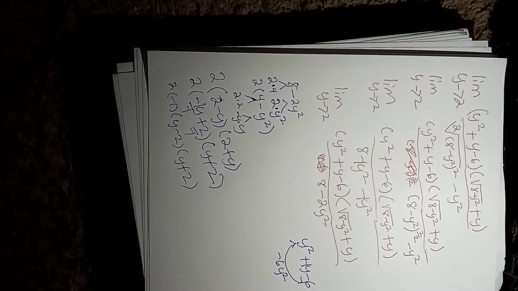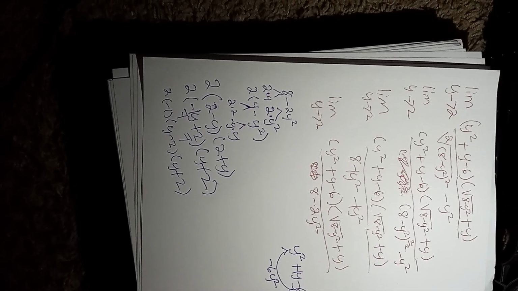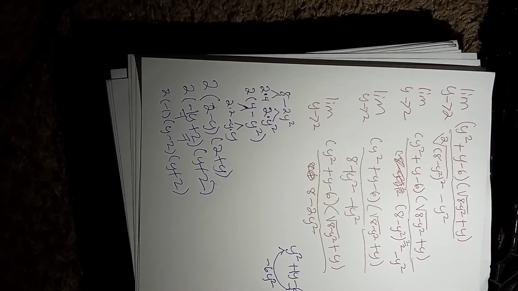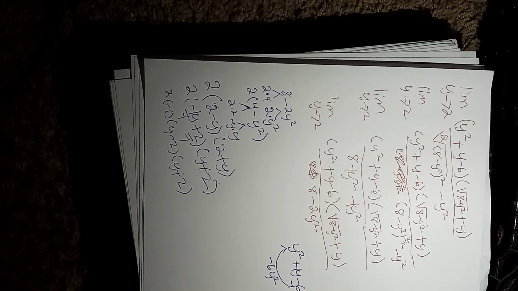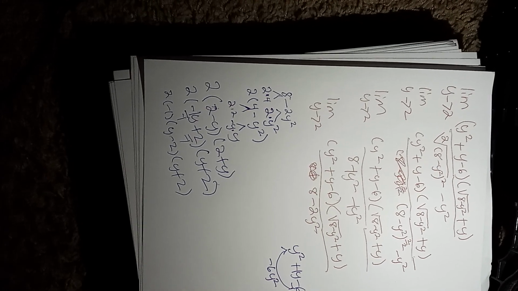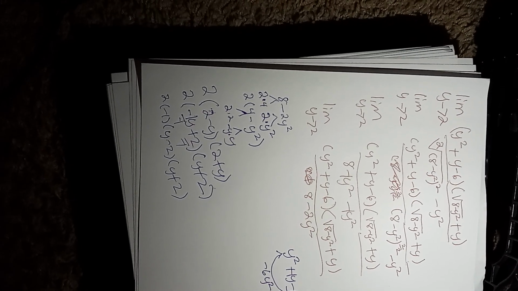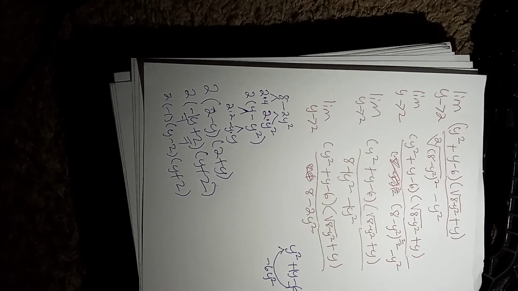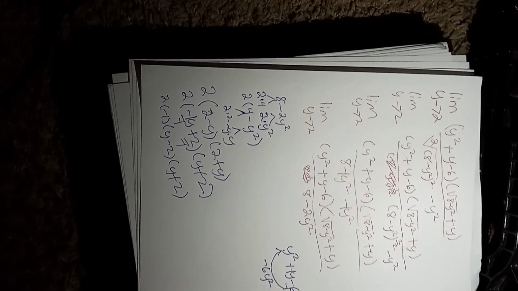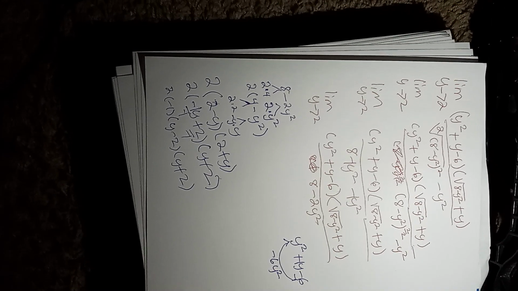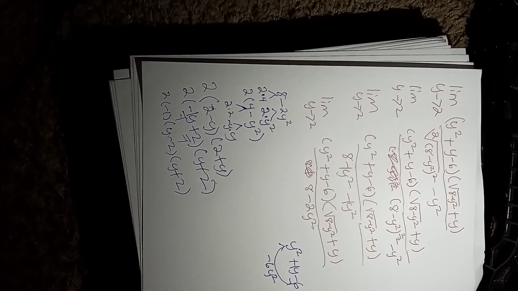So we need something that multiplies to equal negative 6 and adds to equal 1. So 3 times negative 2 is negative 6, and 3 plus negative 2 is 1.